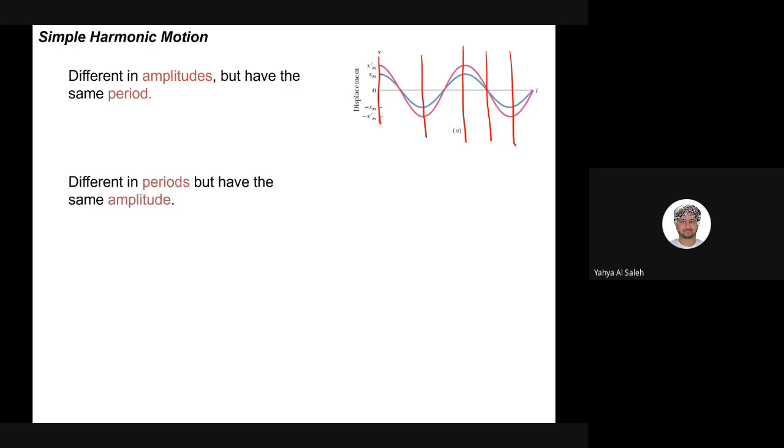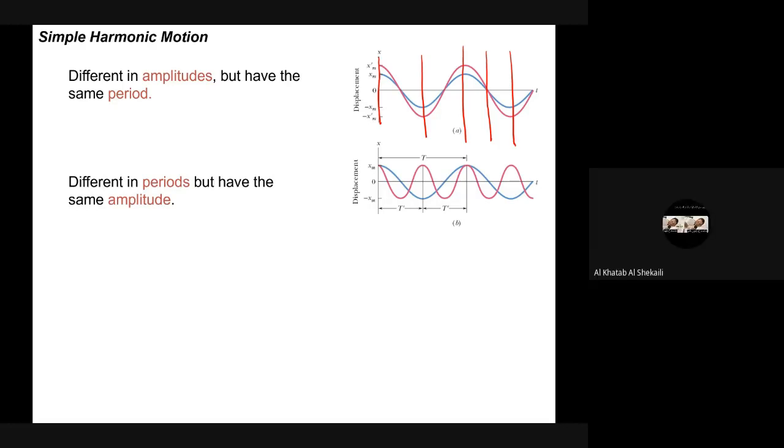What if we have different periods but the same amplitude? What will we get? We will get something like this. The red line is twice as big as the blue line.